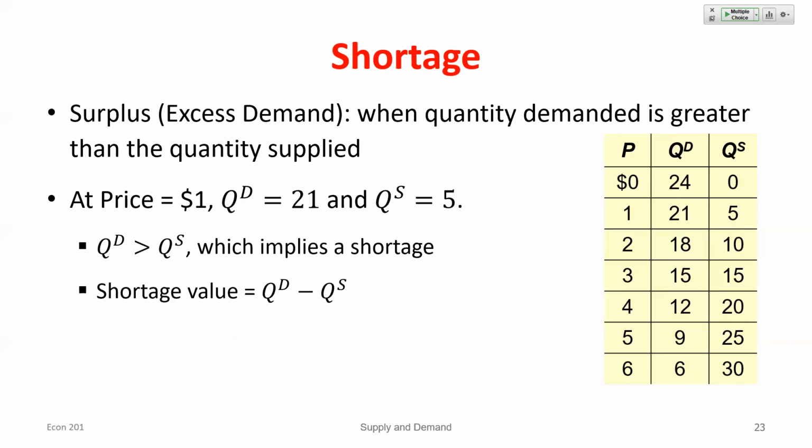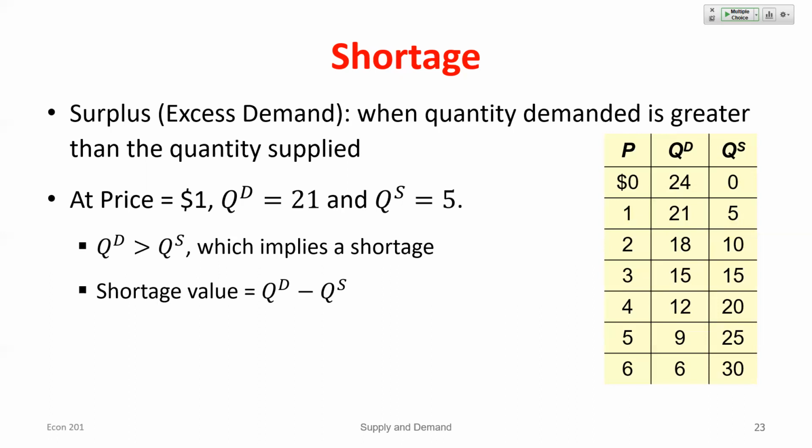When you're calculating shortages or surplus, it doesn't really matter if you flip-flop these, because if, to find my shortage, I took the quantity supplied minus the quantity demanded, I'm going to get the same value, it's just going to be negative. If I take 21 minus 5, I get 16.